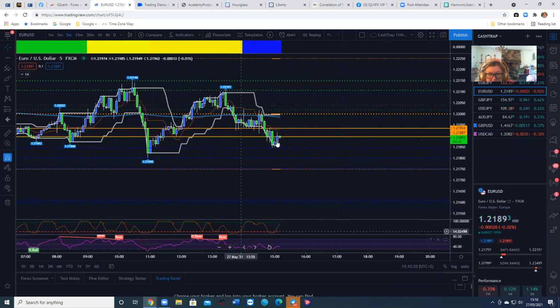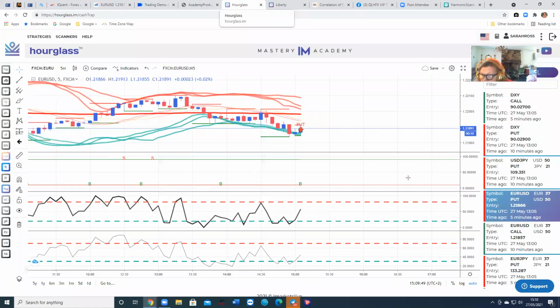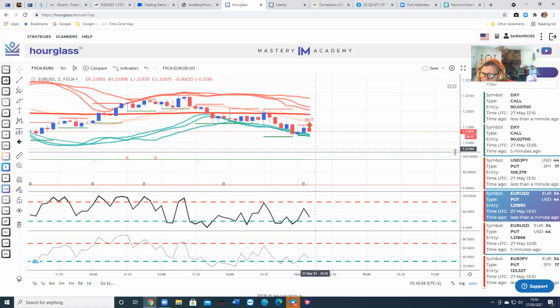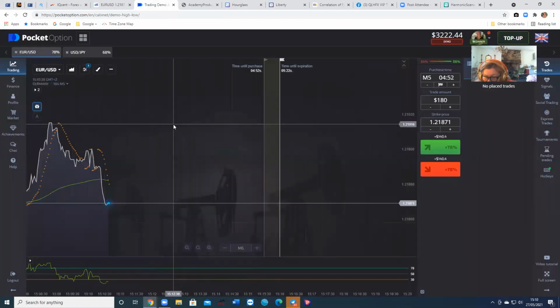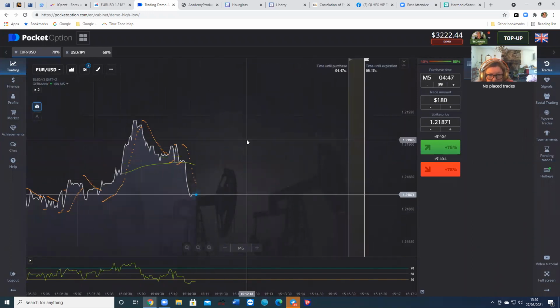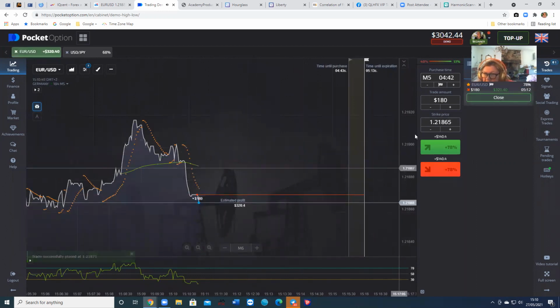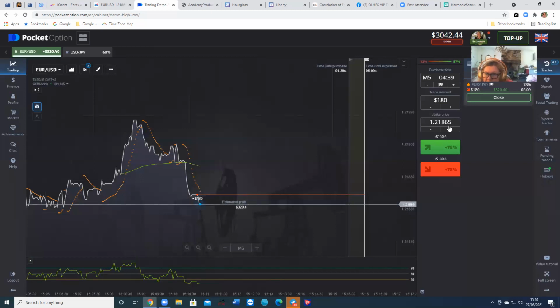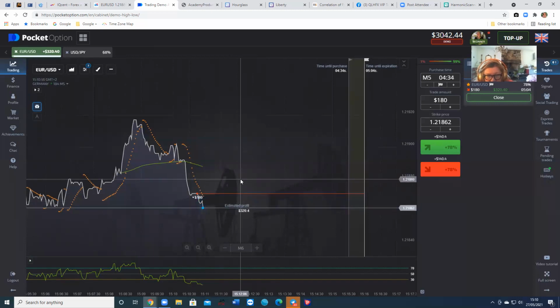It does say hidden bear and bear. HourGlass, 868. Oh, 895. Have I missed it? 871. So let me take, I'm going to take a put anyway. I've got in at low. That's not a good entry. 865, I would have preferred that.